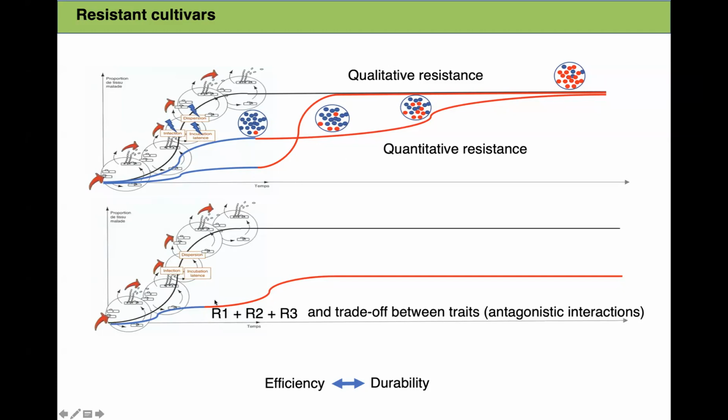The pathogen population could evolve and the disease level of resistant plants could increase, but could stay below the one detected on the susceptible plants and stable over time. And this disease level could be agronomically acceptable. So we will have a balance between the efficiency of the resistance and the durability of the resistance.